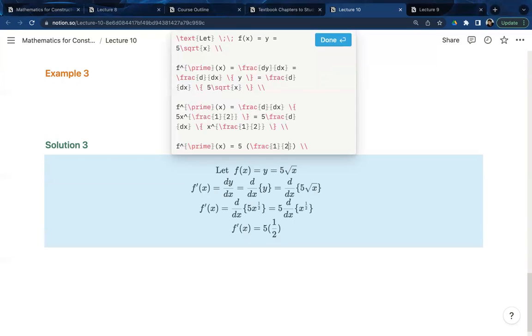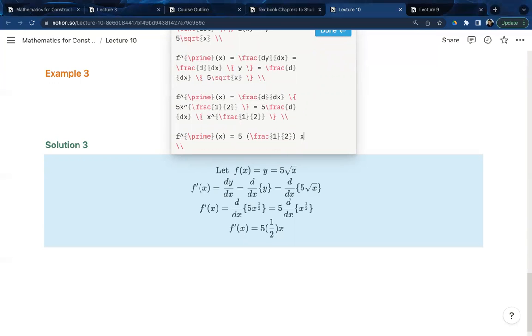So multiply by a half, and then you'll get x to the power, which is 1 minus, I'll put brackets around it, 1 minus a half.